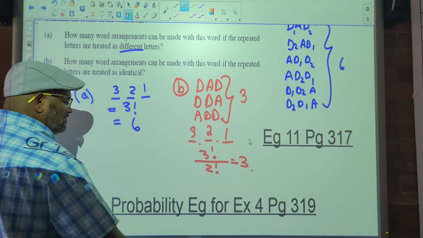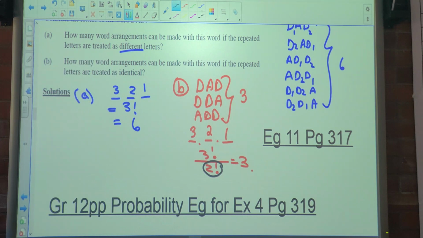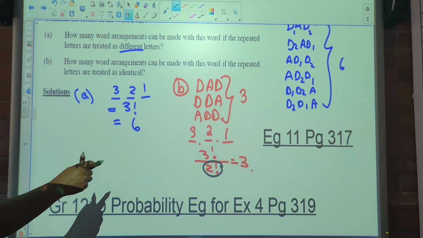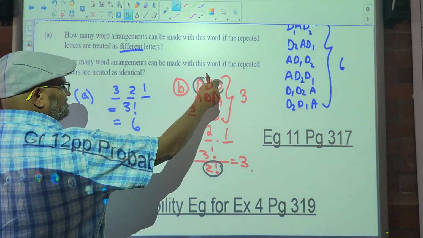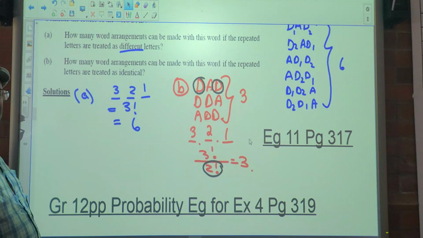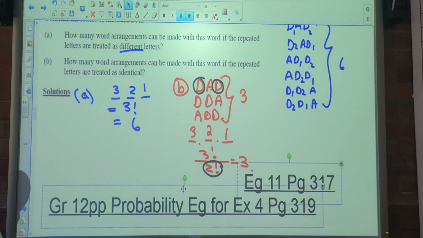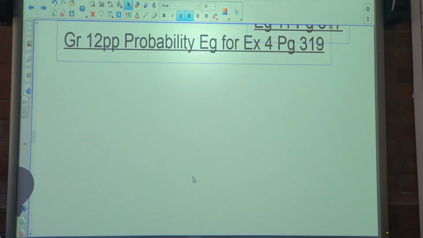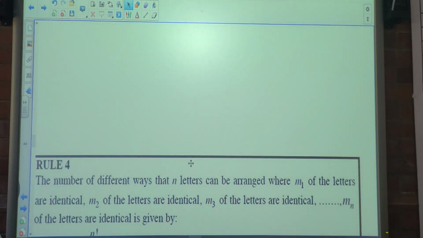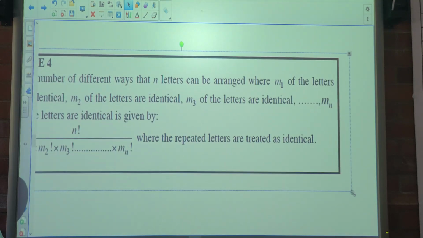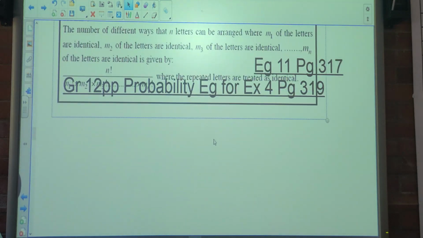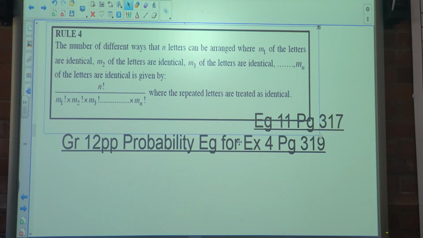So where do you think this 2 is coming from? From the D's. Can you see there are 2 D's? So I'm dividing it by 2 factorial. Okay. That's where the rule is going to come in now. Rule 4, you guys can write this down as well.